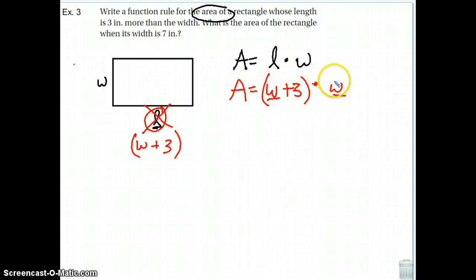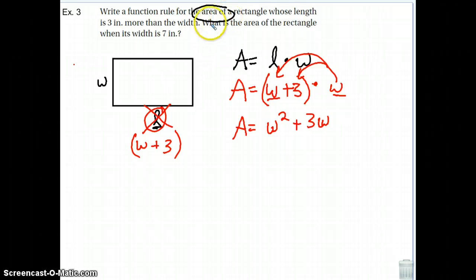So now I can distribute here, because we have times a W, so we have to distribute that. A equals W times W is W squared plus 3 times W is 3W. Now look what we can do. What is the area of the rectangle when its width is 7 inches?